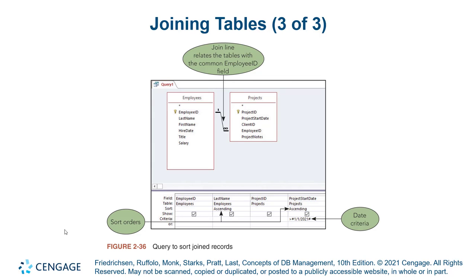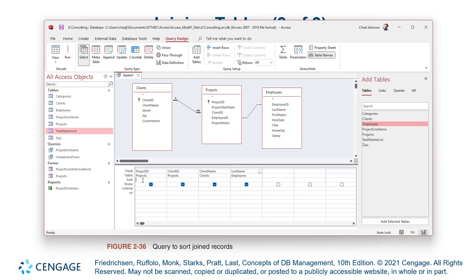Sort orders. So we didn't really talk about sort orders, but we can sort our results from the query right in the grid view. We'll see the sort there, whether we want to do it ascending or descending, and we can include multiple sorts if the field that we're sorting by is going to have duplicates, like for example, employee last name.